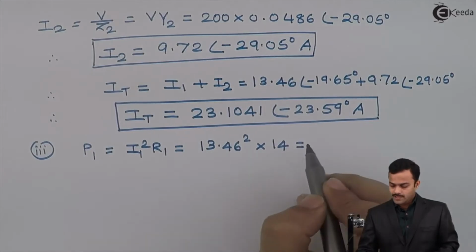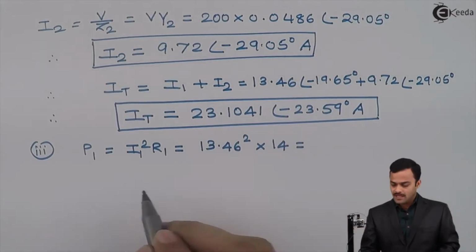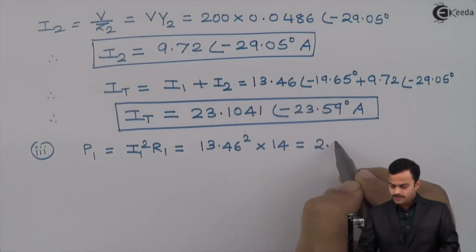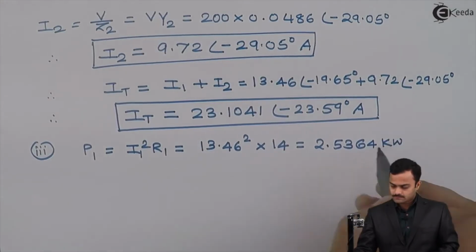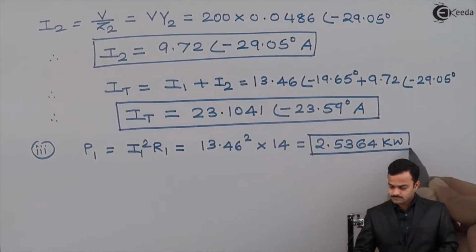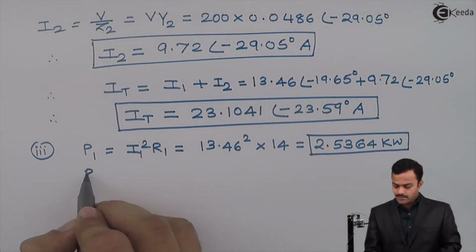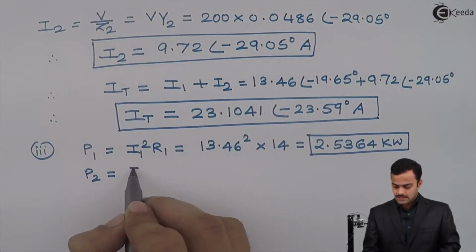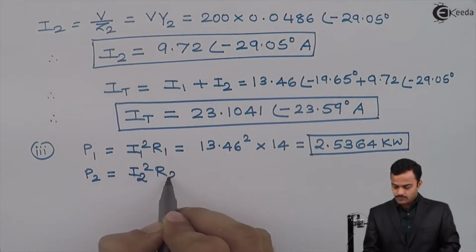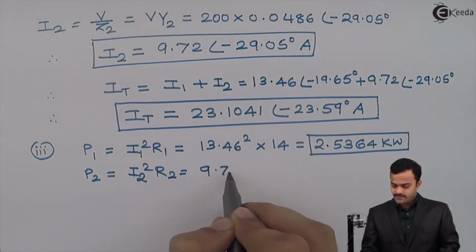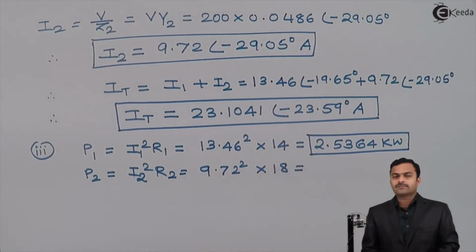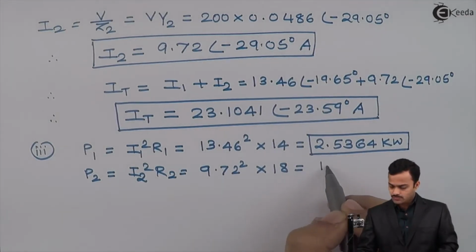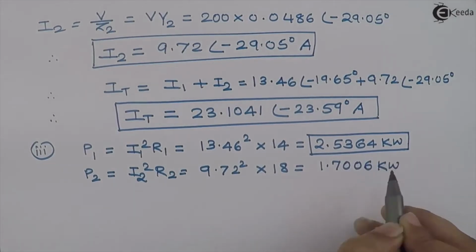If we solve, we will get power consumed by the first branch as 2.5364 kilowatt. Similarly, power consumed by the second impedance is I2 square R2. I2 is 9.72 and R2 is 18. After solving this, I will get power consumed 1.7006 kilowatt.